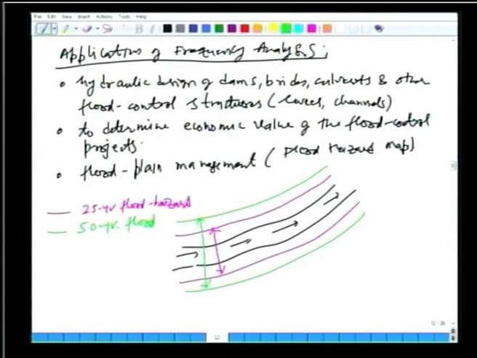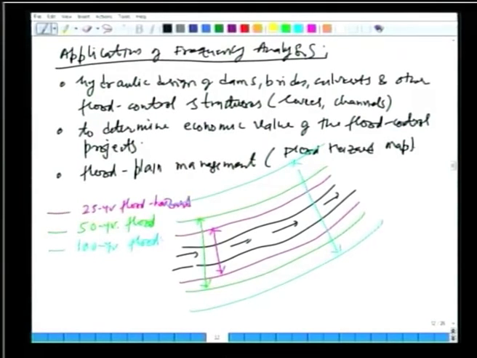Similarly, if you want to draw the 100-year event, it may be higher than this. The blue lines correspond to the 100-year event or 100-year flood.